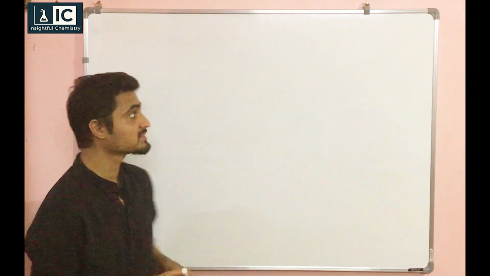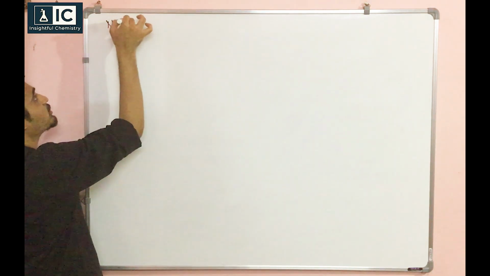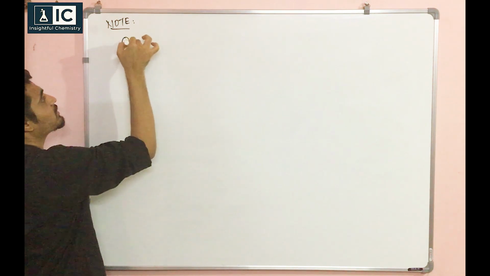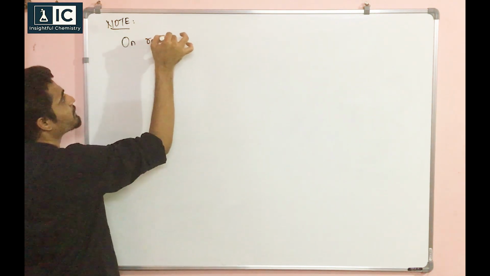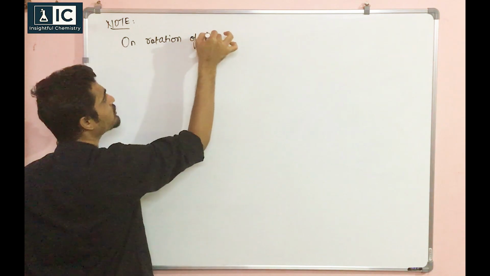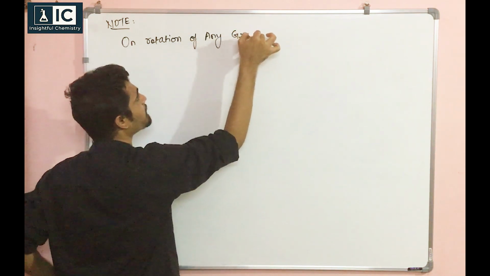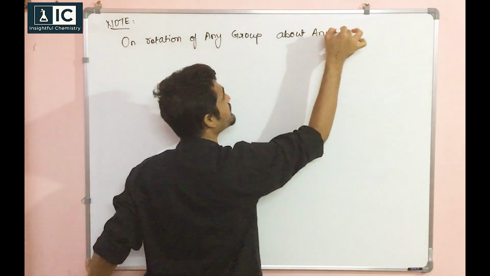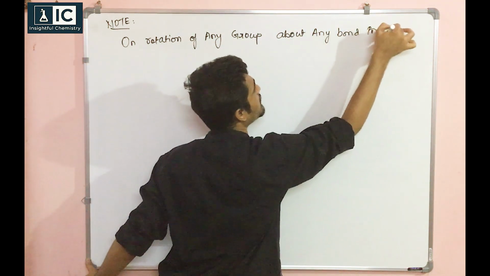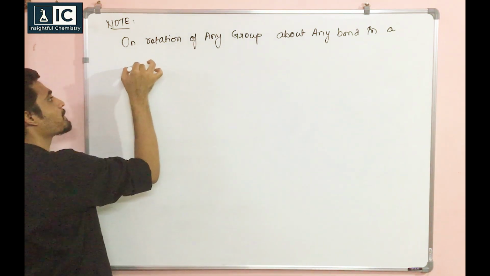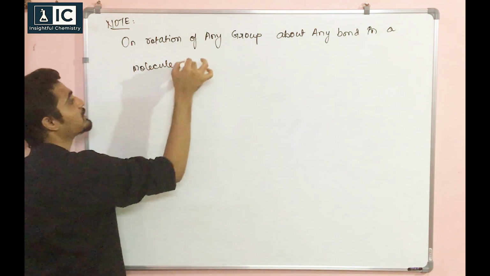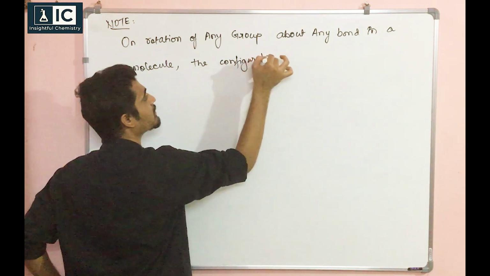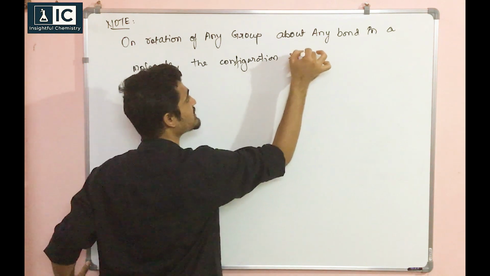Write it just as a note: on rotation of any group about any bond in a molecule, the configuration still remains the same.